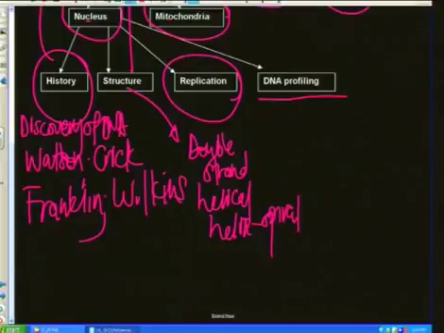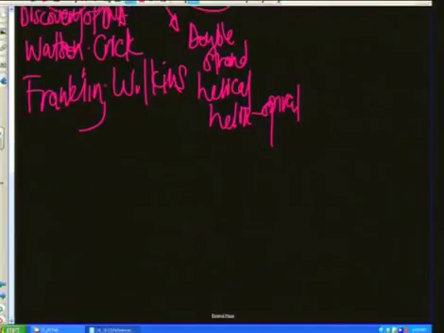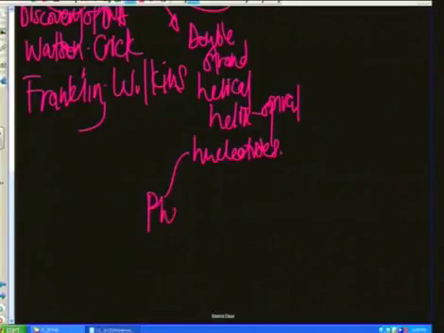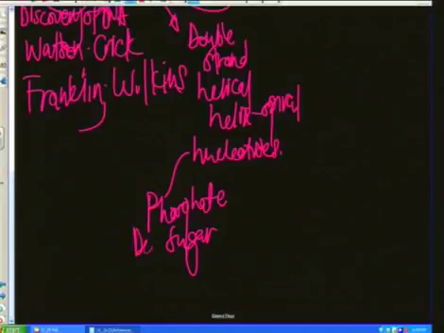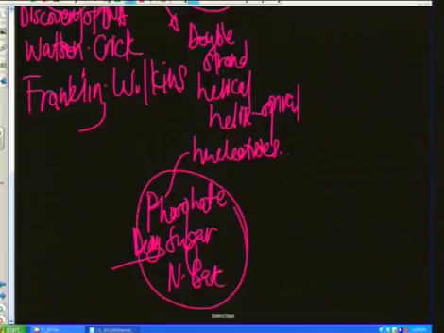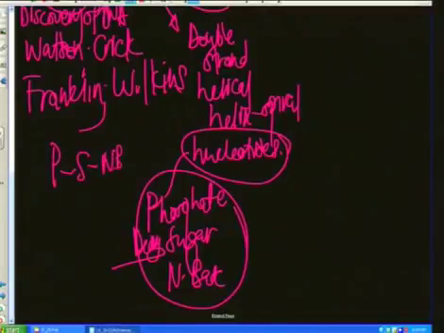We also need you to know that DNA is made up of nucleotides, and the nucleotides are made up of phosphate, sugar, and in this case, which sugar? Deoxyribose, and a nitrogenous base. So we have a P, an S, and a nitrogenous base.